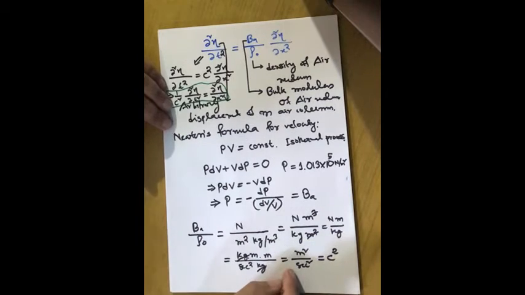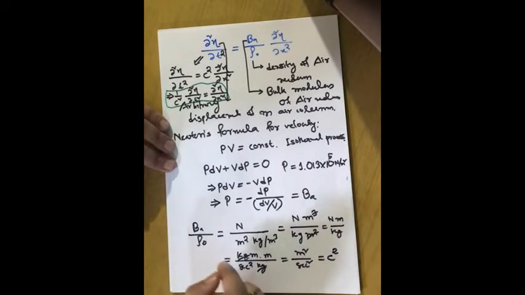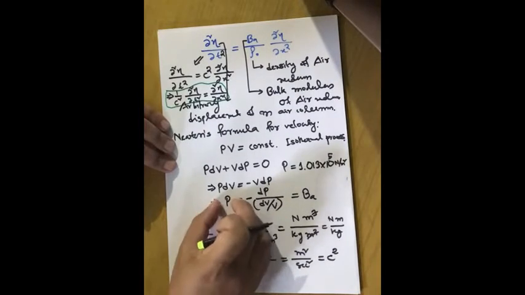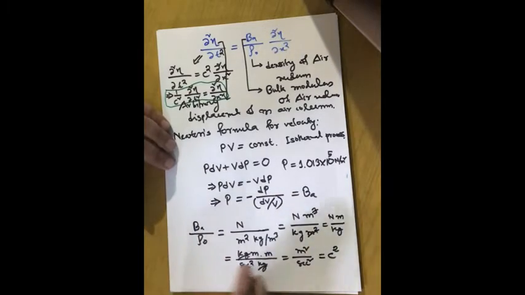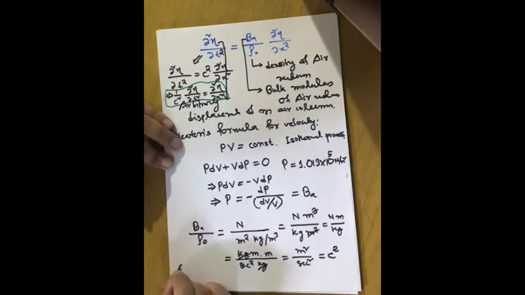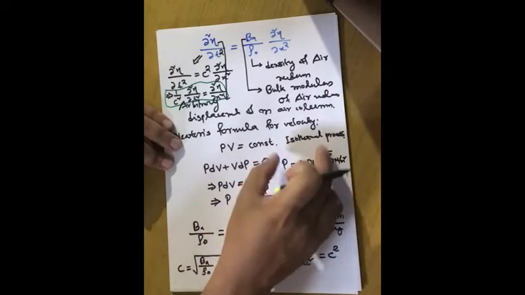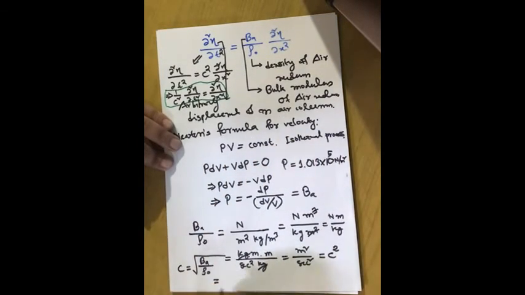So what is the value of c now? c² = Ba divided by ρ0, so c = square root of Ba divided by ρ0. From the isothermal consideration, we know that Ba is nothing but the atmospheric pressure.